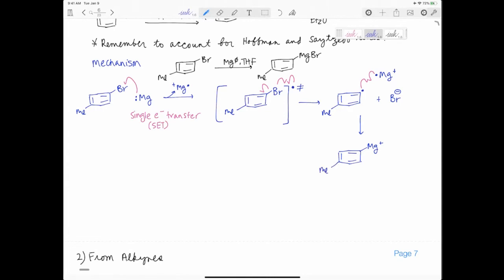And then the last step, of course, is bromine with the negative charge is going to come in and put itself at the end. So what you get is now your Grignard reagent. There you go. So it's a relatively simple mechanism. If they want to test something with radicals, you might see this on your final.